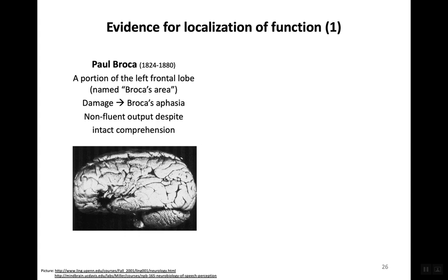For anyone who has come across the idea of functional localization in the human brain, perhaps the first example that comes to mind is that of Broca's area. Paul Broca was a French anatomist and anthropologist in the 1800s who happened to come across a very interesting individual.